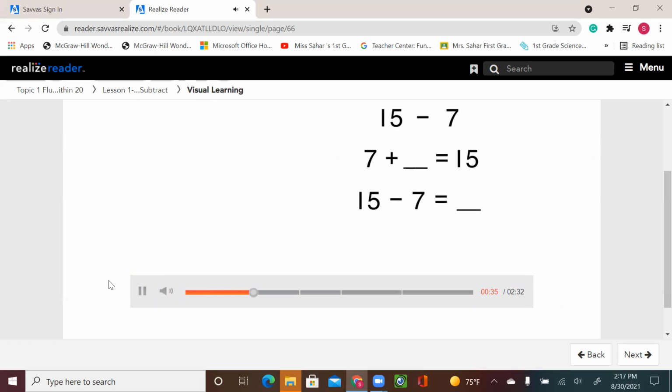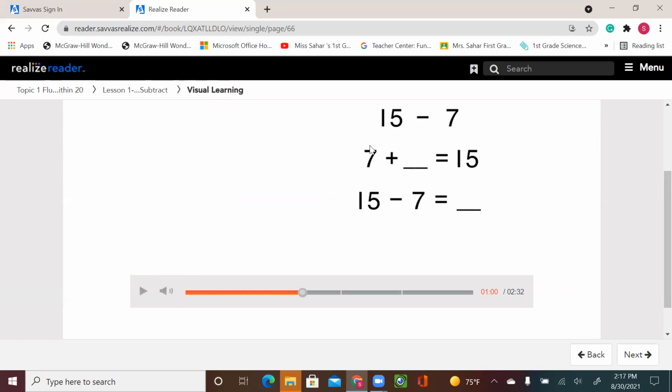How could you get from 7 plus blank equals 15 to 15 minus 7 equals blank? Let's think about it. 7 plus blank equals 15 is the addition fact that uses the same numbers as the subtraction fact. What can you say about the missing numbers? Select your answer.